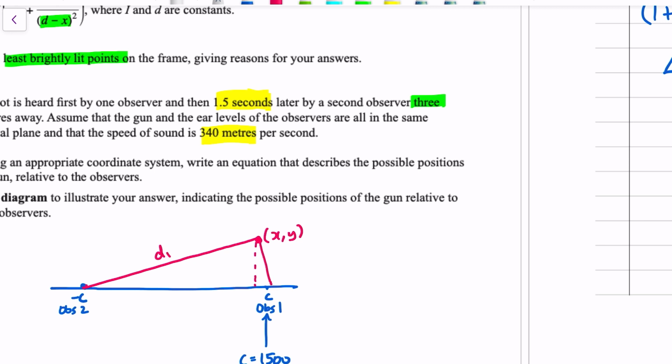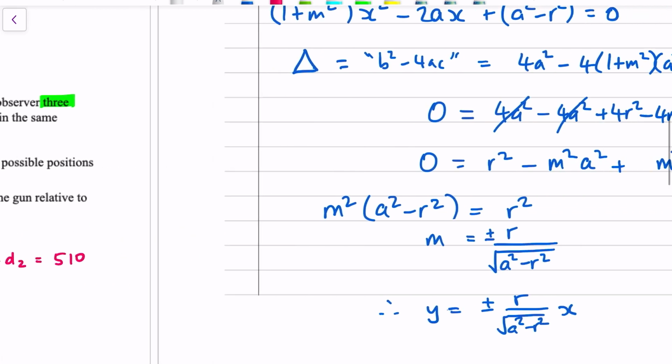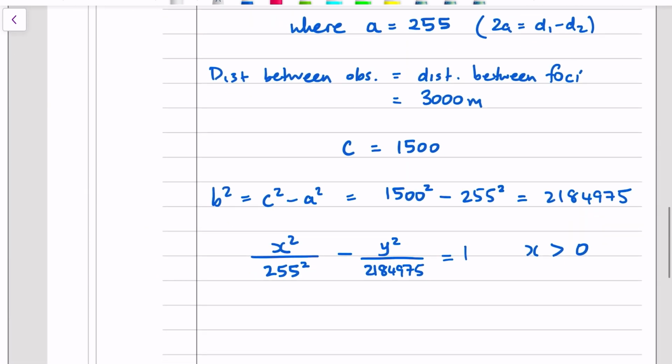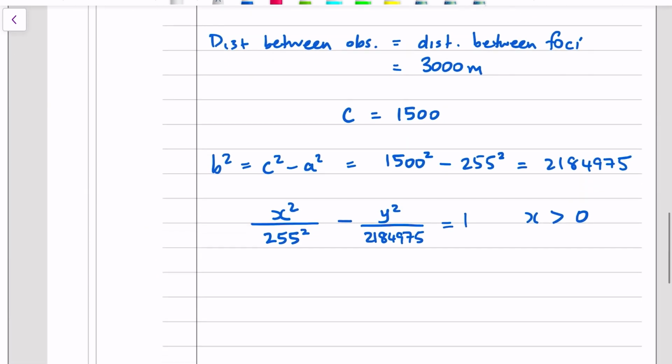We're going to do d2 in terms of Pythagoras. We're going to set up that d1 minus d2 is equal to, what was it again? 510, I think. But then we're going to write d1 and d2 in terms of c's and x's and all that sort of stuff. It's going to have double square roots in it. I challenge you to work it through, but it's really tedious. But it simplifies a heck of a lot, because all of the terms go together, cancel and stuff, to be left with such a beautiful equation at the end.